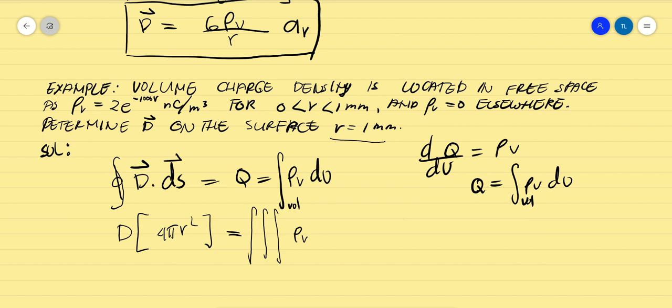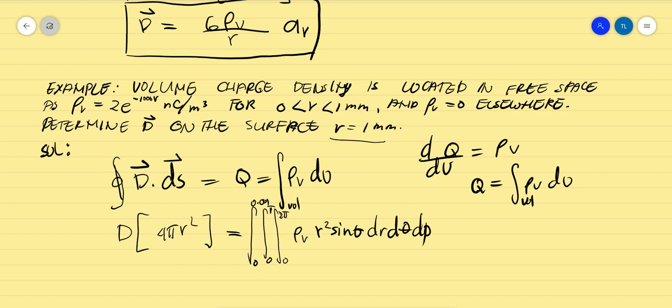So dV is the radius squared times sine theta times dr d theta d phi. Then the limits: for dr, it should be from 0 to 1 millimeter, or 0.001. For theta, it should be from 0, not 2 pi, since we don't need one revolution. We only need from 0 to pi. Then phi is from 0 to 2 pi, which is one revolution.